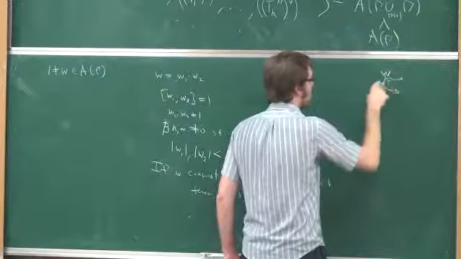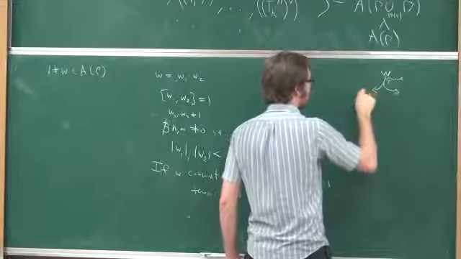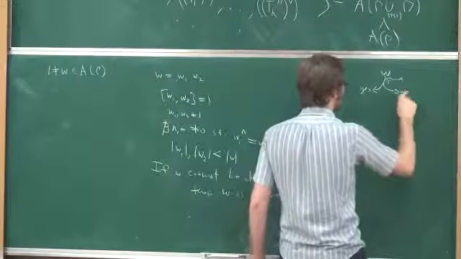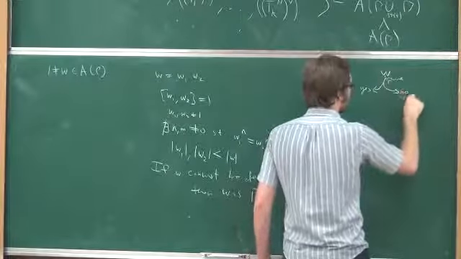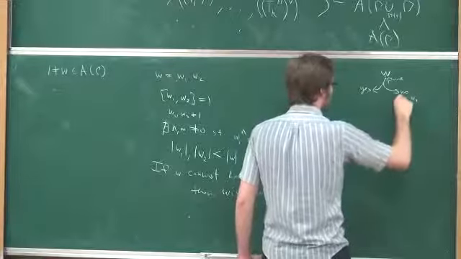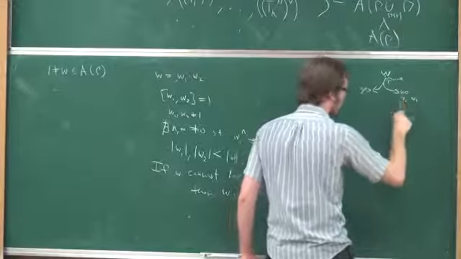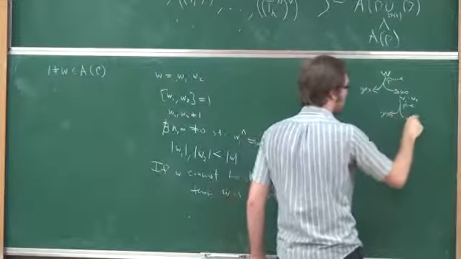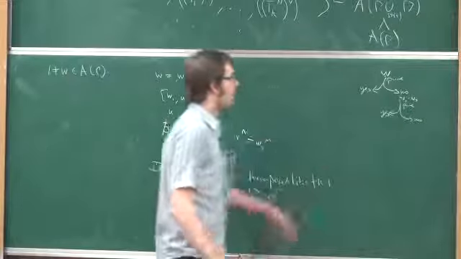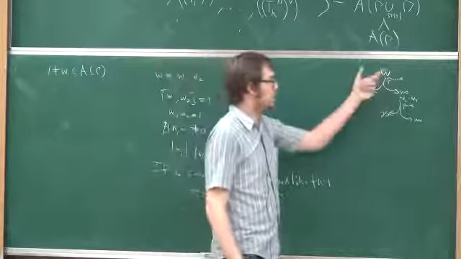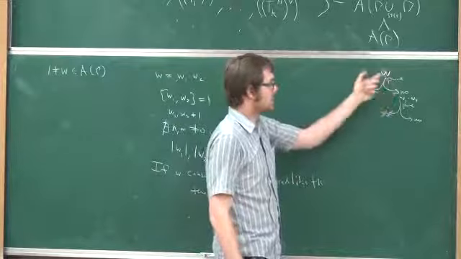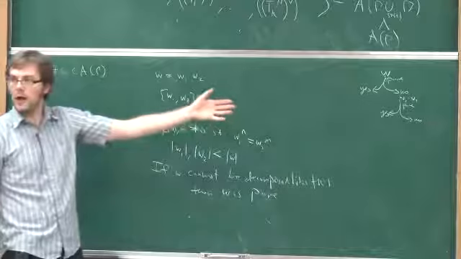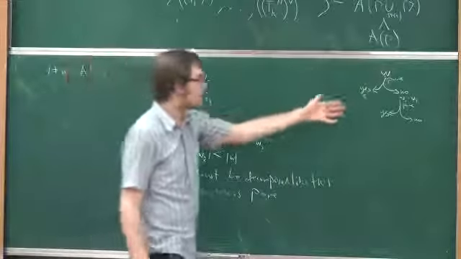And if the answer is yes, then you're done. And if the answer is no, then you write it as W1 times W2. And then you take W1 and you ask, is it pure? And then you have this flow chart. And what can be shown is that this process of writing W as a product of pure elements will terminate in finitely many steps.